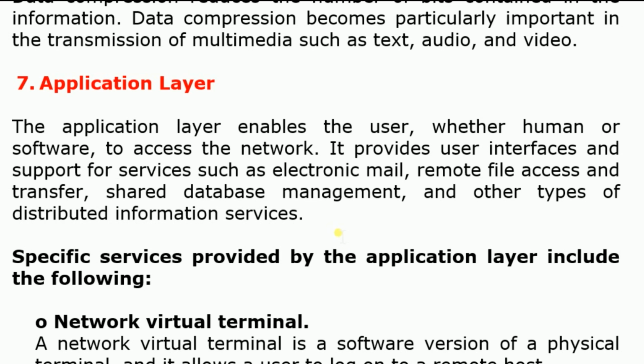It is the last layer above the session layer. So in the session layer, the process will be ready on the current system, and when it is ready to send or communicate with another side or another application, then the application layer enables the user to access the network. It provides the user interface. This is called the user interface layer.